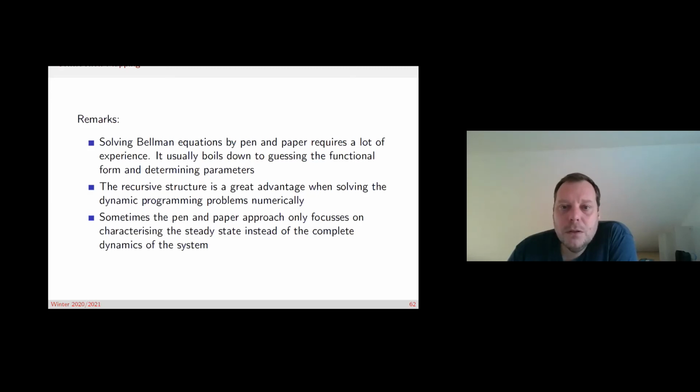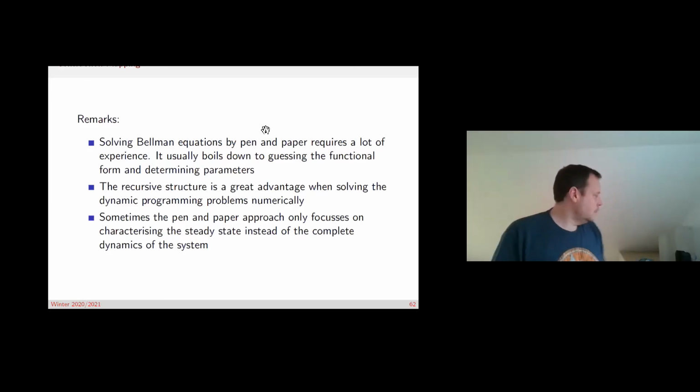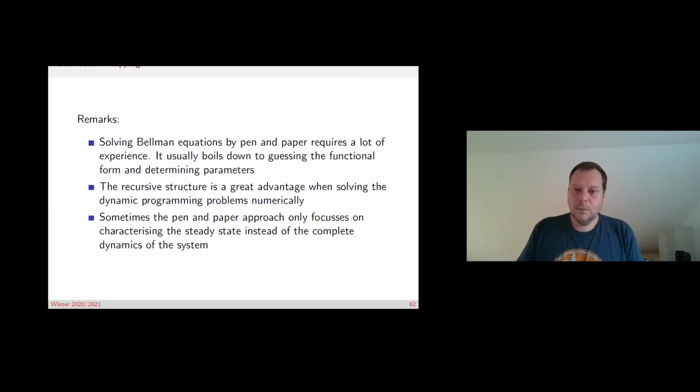Maybe just another remark concerning the numerics. You might already have seen that there's some kind of similarity to the finite horizon case, but also a difference in terms of finding the solution. As you just said, we have to find the value function. In the finite horizon case, we had a different value function for each period, and we started in the last period and went backwards towards the current period, which meant that we had to represent in the computer the value function in each period.